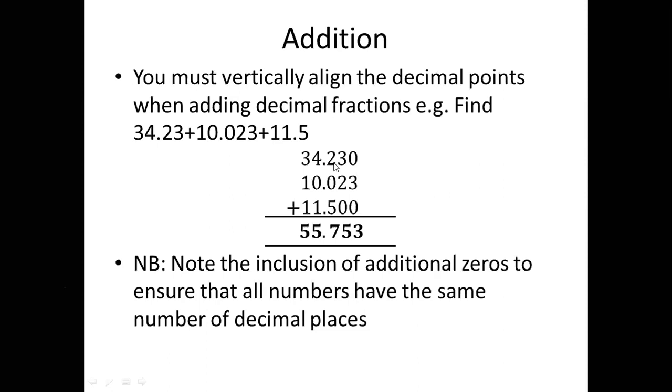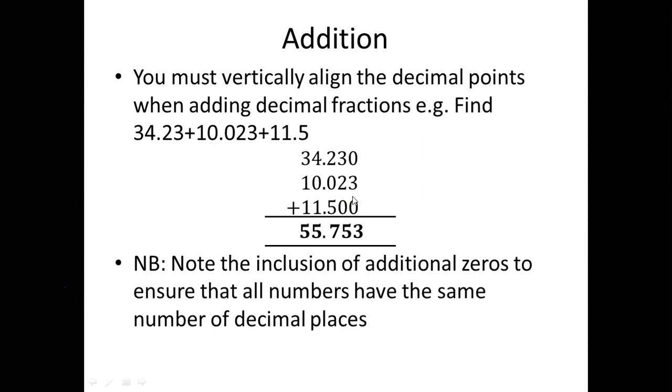If you write 34.23 and then 10.023 and then 11.5, you would realize that these numbers have different numbers of decimal places. So what you need to do is, for the others, like this one, which just says 23, and this one 023, and this one 0.5, you add additional zeros to the right of these numbers so that they all have the same number of decimal places.